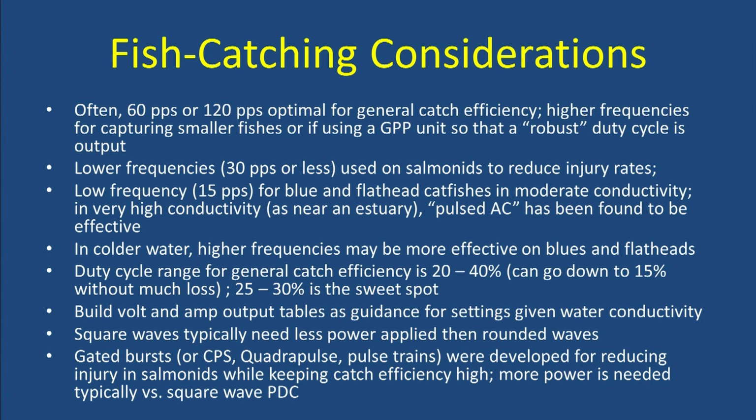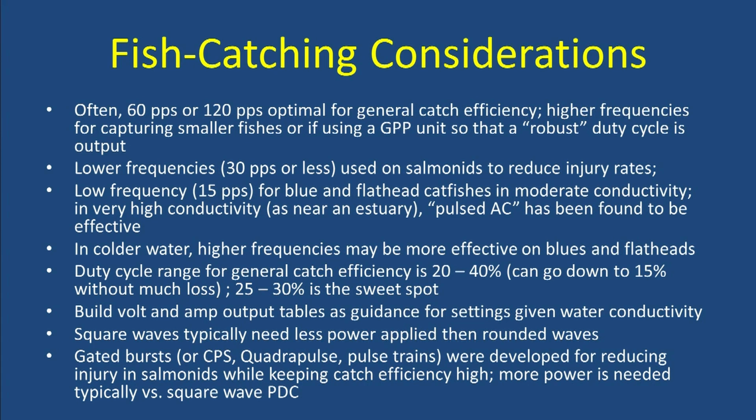So it's low frequency, 15 hertz pulsed DC. There's only one control box model out there that outputs that, but that's been found to be quite effective on blues. In colder water, higher frequencies may be more effective on blues and flats.